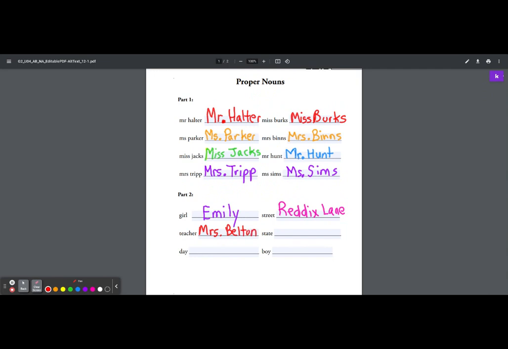The name of a state. What state do you live in? Louisiana. Texas is also a state. A day. So we want a proper noun, so it can't be just yesterday. Yesterday would be a day, but it's not a proper noun. This has to be something we can capitalize.